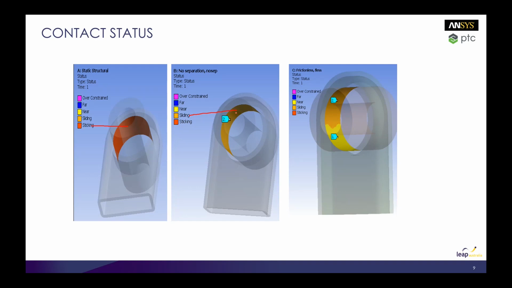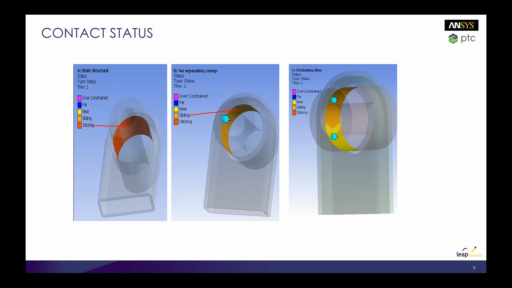So here we're basically sliding. Sorry, that's the other way around. I think 1 is near, 2 is sliding, and 3 is sticking. So here we're closed in the normal direction, but free in the tangential direction, which is why it's sliding.